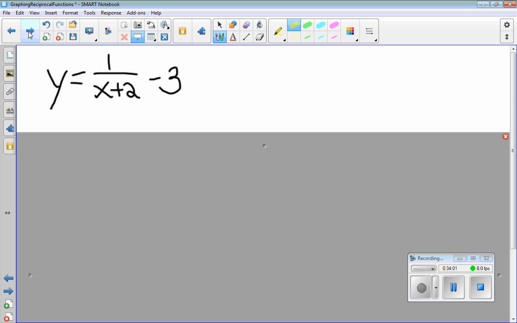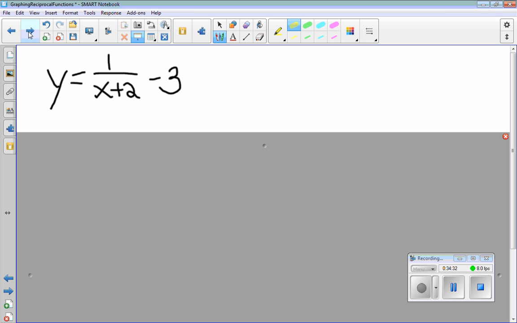So use your ruler. Make your axes. As you are creating your graph, can you tell me what in the function is happening from the parent, from that reciprocal family, that 1 over x? What do the 2 and the negative 3 do?